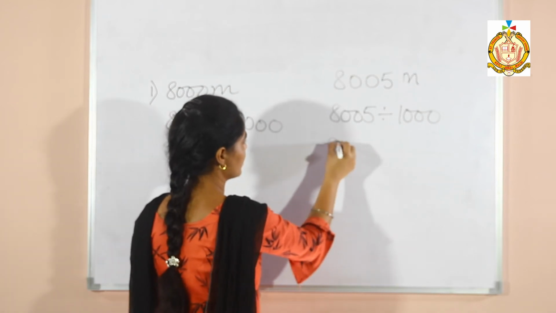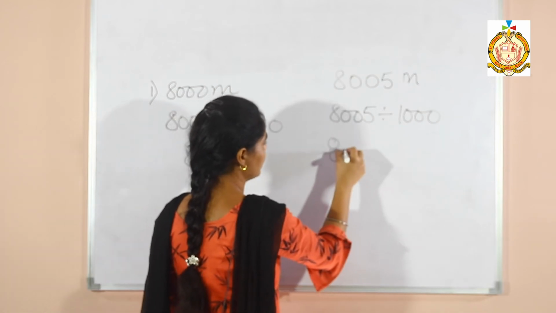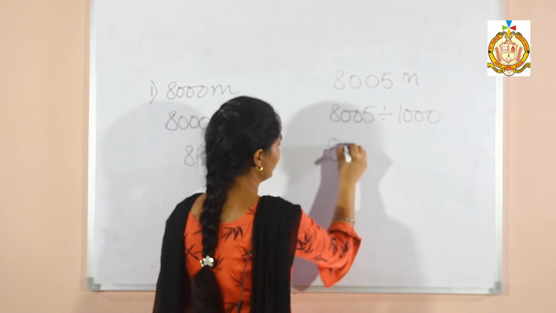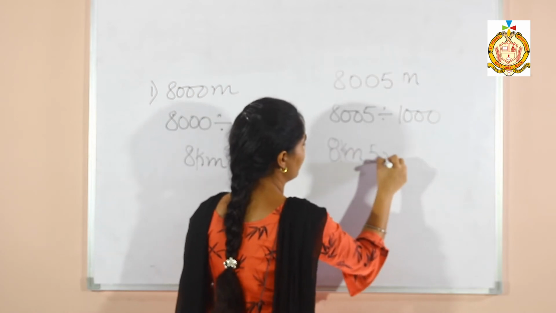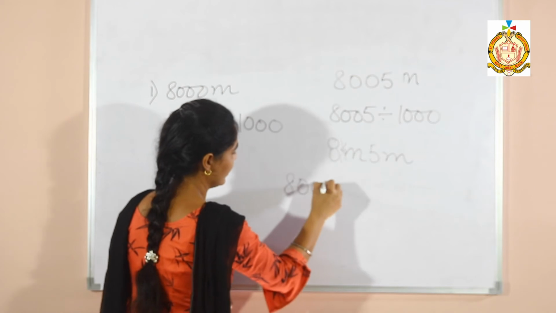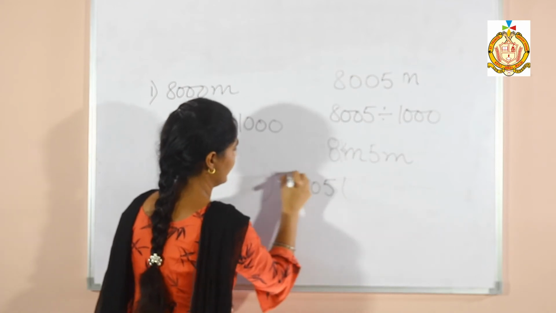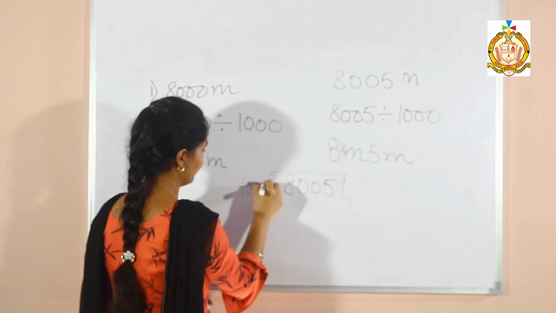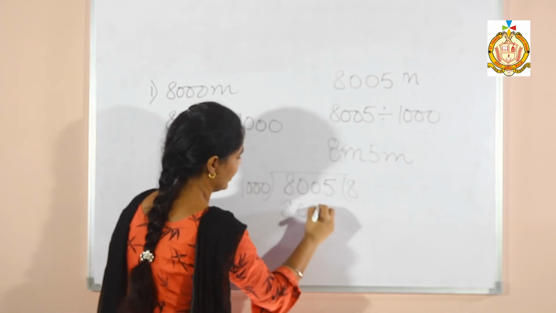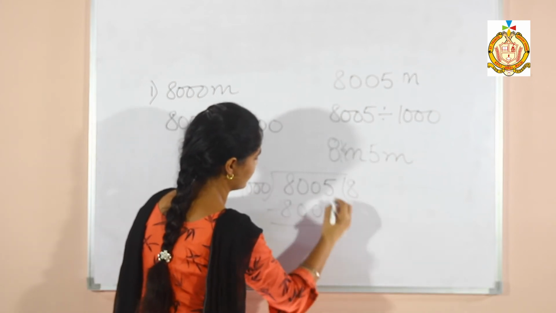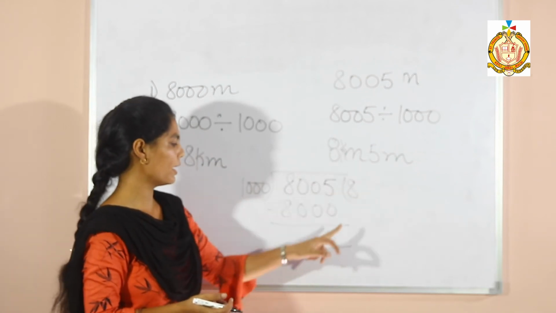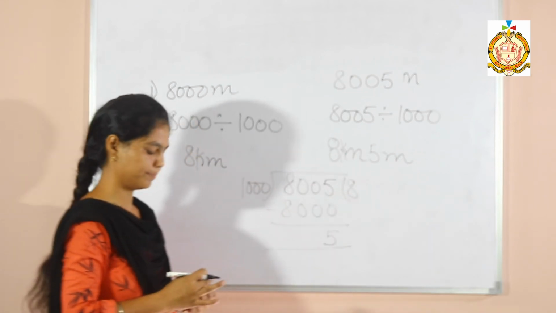It becomes 8 kilometer 5 meters. See how to divide 8,005 by 1000. 1000 times 8 is 8,000. Now subtract it. It becomes 5. Means 8 kilometer and 5 meters.